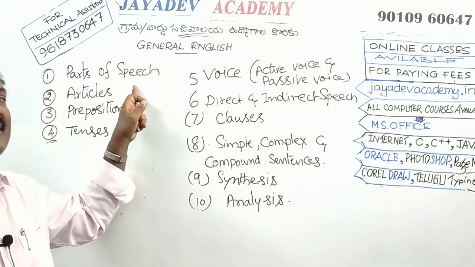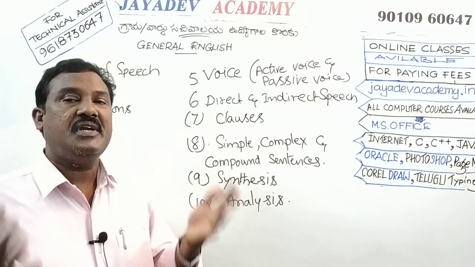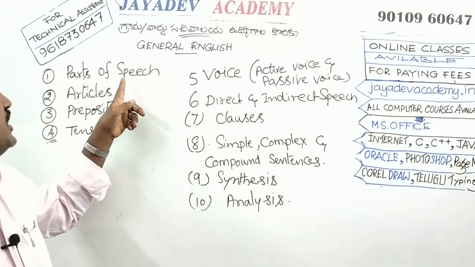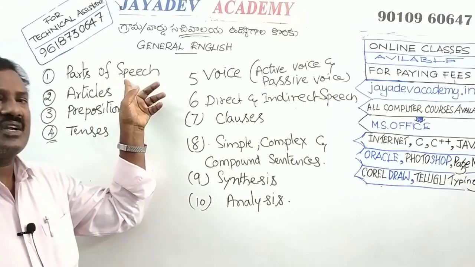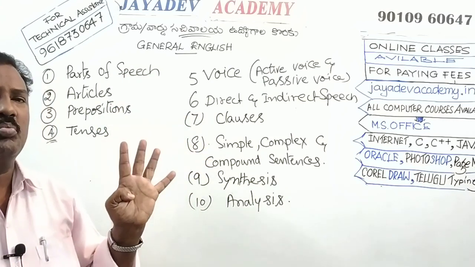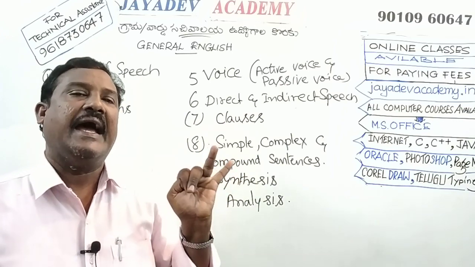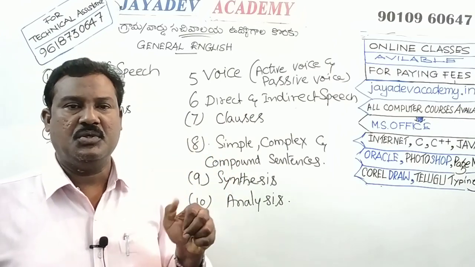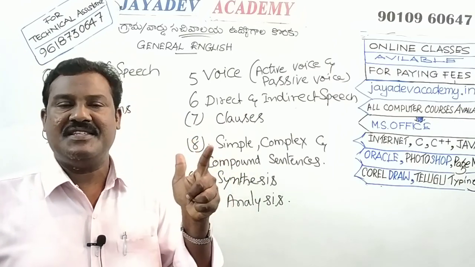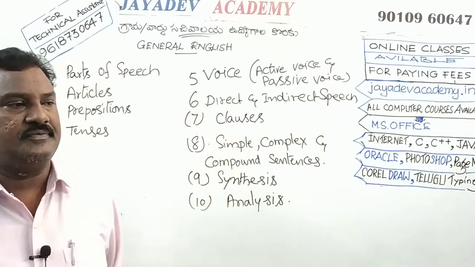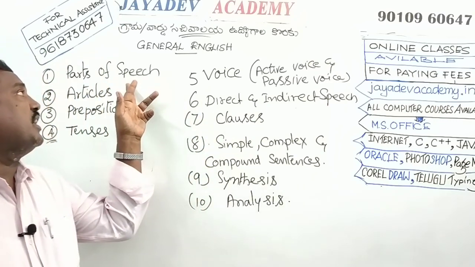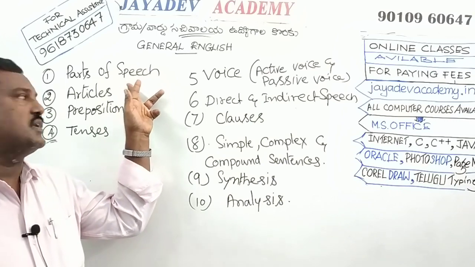According to the work they are doing, we divided them into 8 parts. Those are called noun, pronoun, verb, adverb, adjective, preposition, conjunction and interjection. These 8 parts are very, very important.